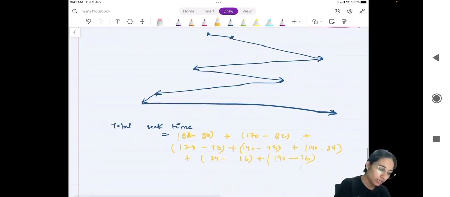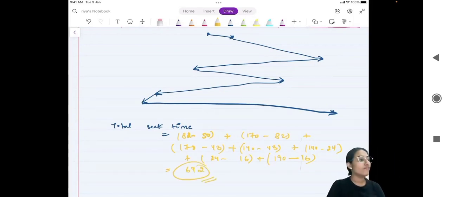Correct? And here the answer comes out to be 642, which is the total seek time.